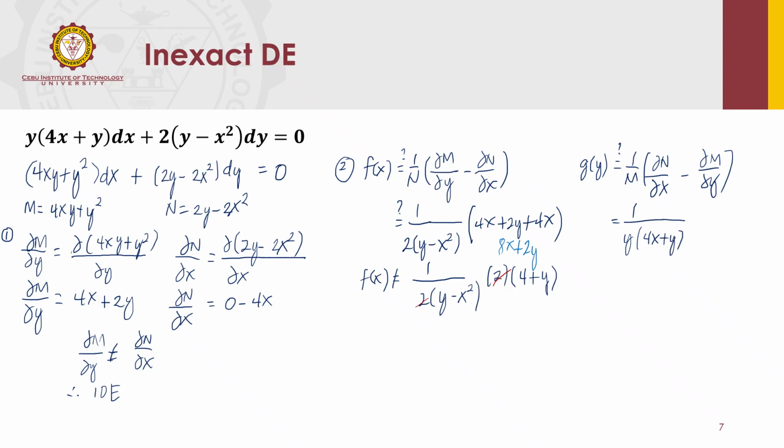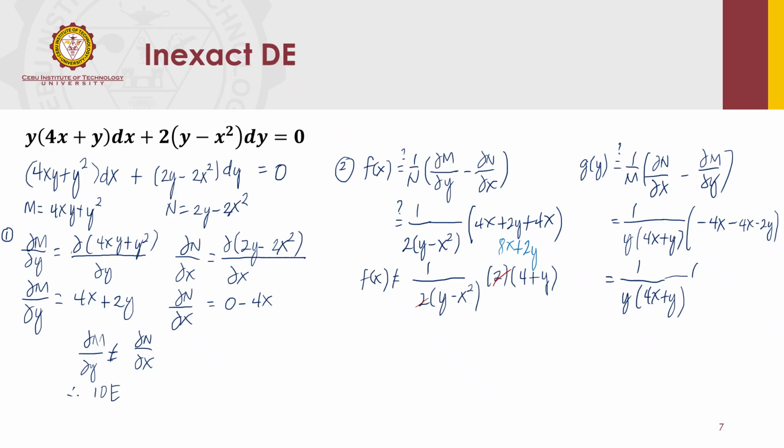And then times negative 4x minus the quantity 4x plus 2y, meaning minus 4x minus 2y, or that is negative 8x minus 2y.